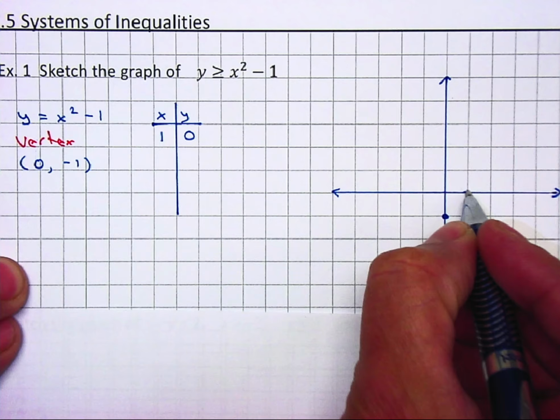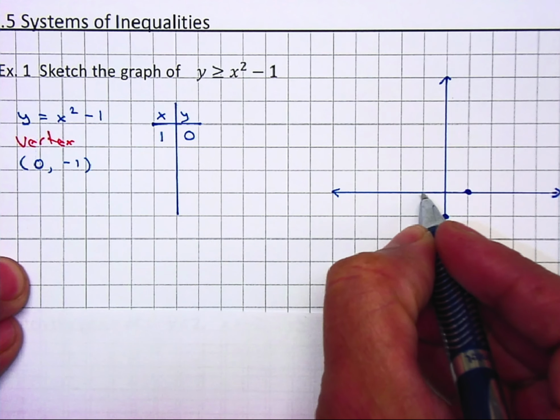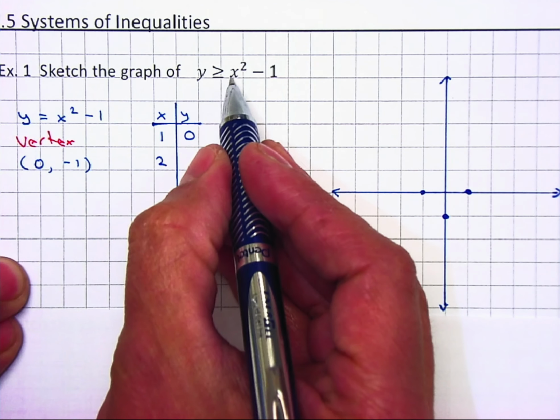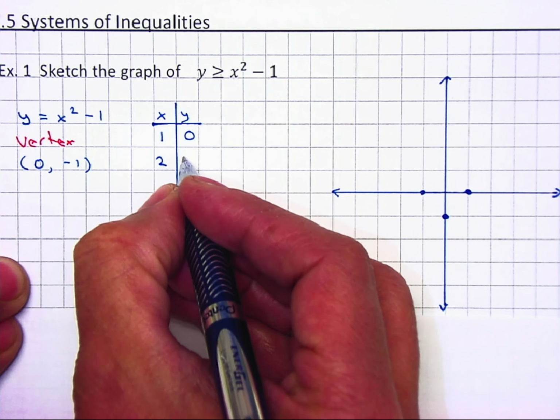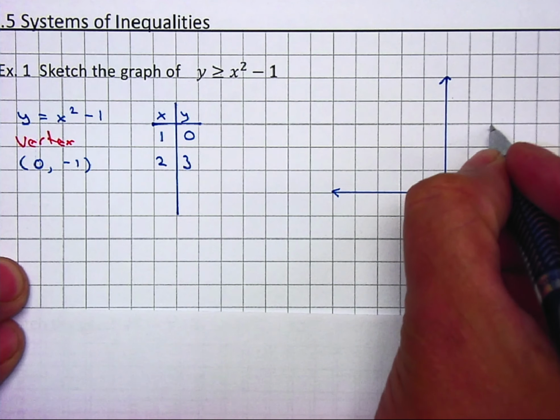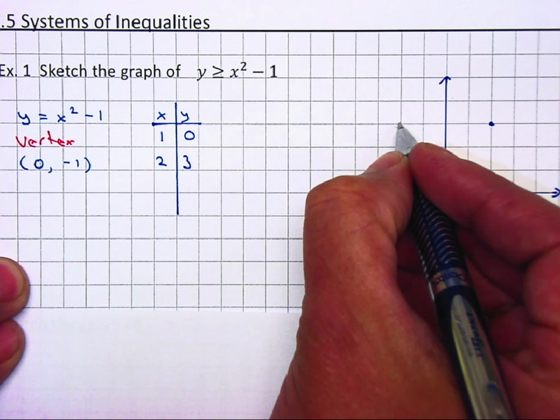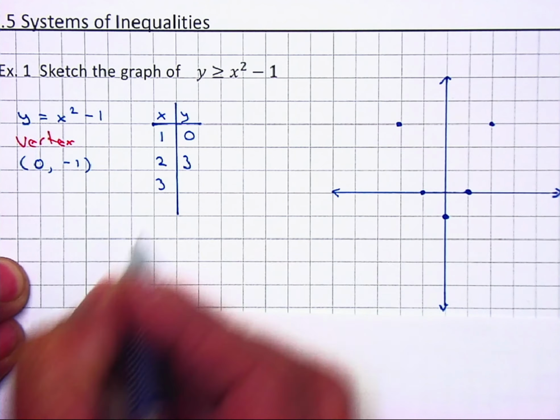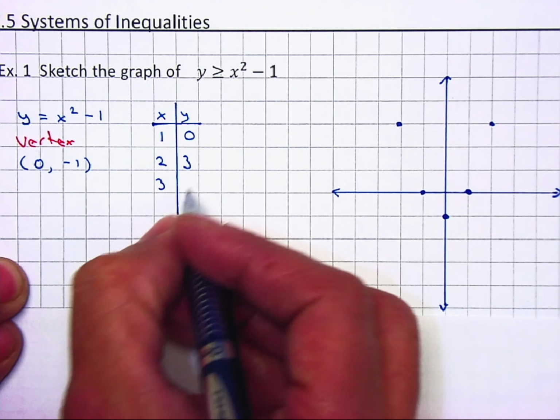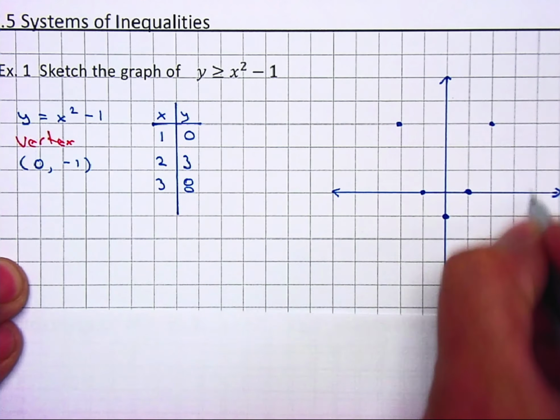So 1, 0. And I'm going to reflect it since this is a parabola. I'm going to plug in a 2. That'll be 2 squared, which is 4, minus 1 is 3. So 2, 3, and I'm going to reflect it. And I plug in a 3. 3 squared is 9, minus 1 is 8. And there's no more space.